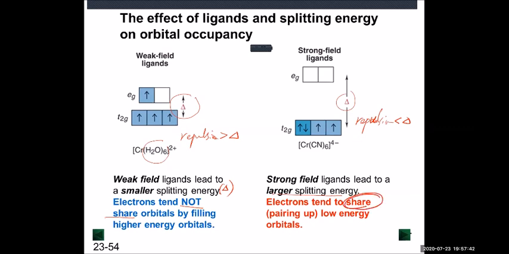So how do you know which ligand can force electrons to share, or which ligand allows them to spread out? Well, that is what we call the spectrochemical series. It gives us the capability among different ligands to interact with the metal cations.